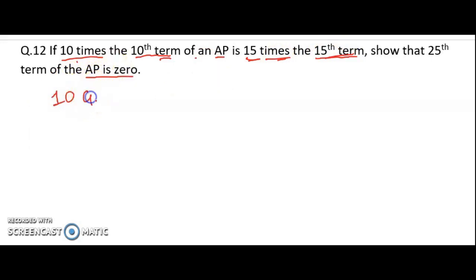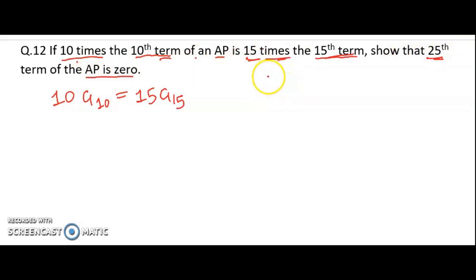So you can write 10 times a10 is equal to 15 times a15. This is given, and we have to prove that the 25th term of the AP is 0.